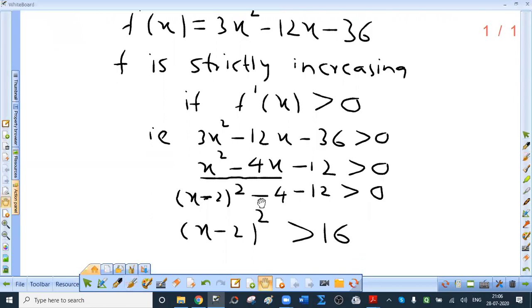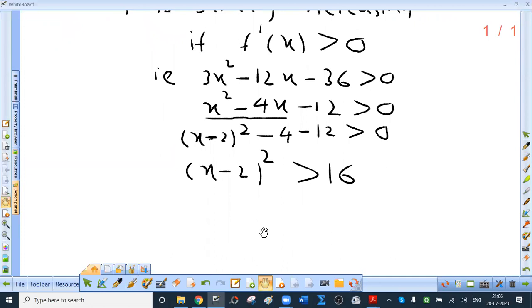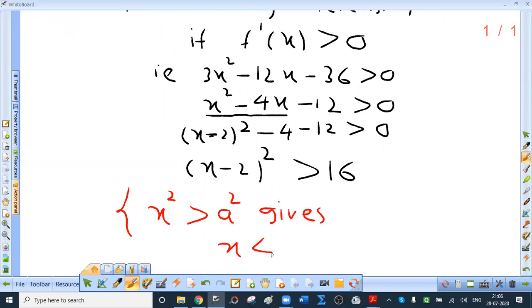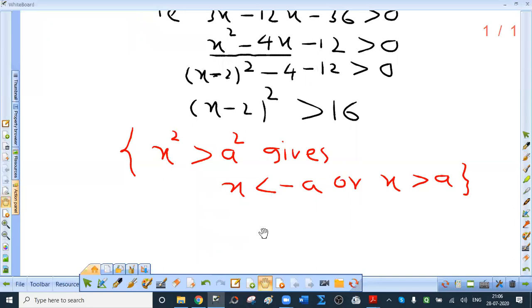Now you should know how to solve the inequation x square greater than a square. For that I will write this: x square greater than a square gives, you should know this, x less than minus a or x is greater than a. So in this case, tell me what will be the solution?